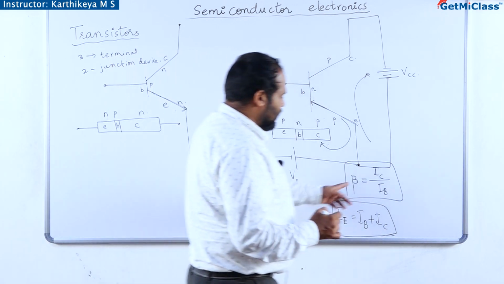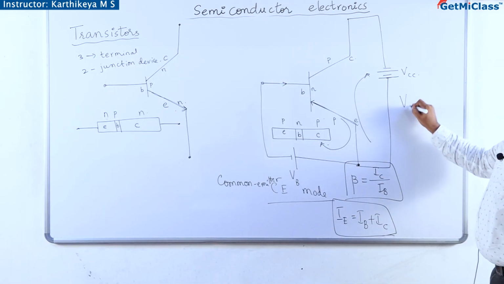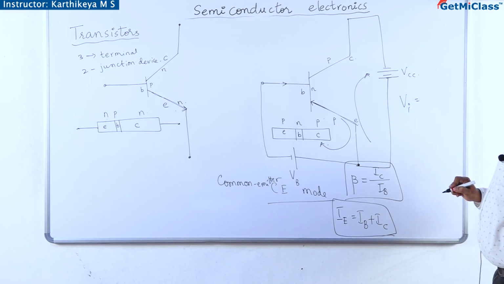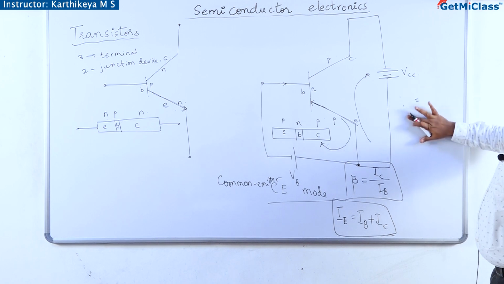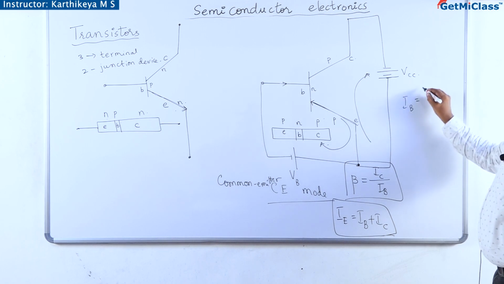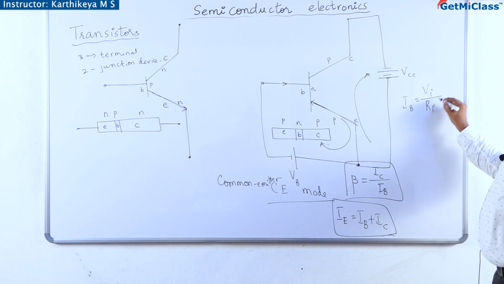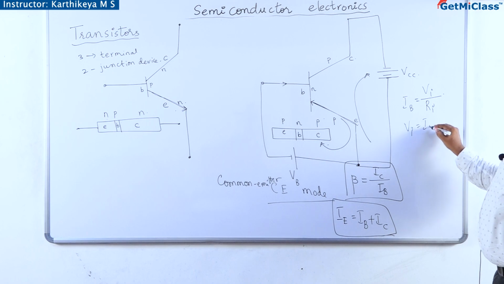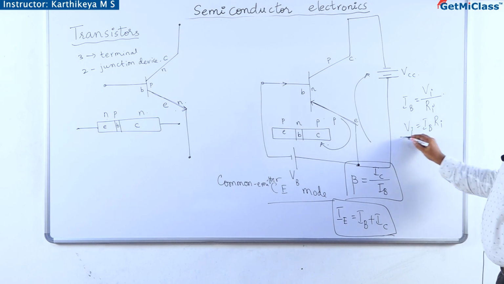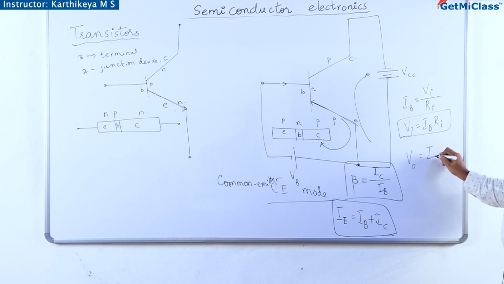However, it will also give the voltage gain. The input current IB will be the input voltage divided by the input resistance. Hence, the input voltage will be IB into RI, or R input. Similarly, the output voltage is IC into RC.